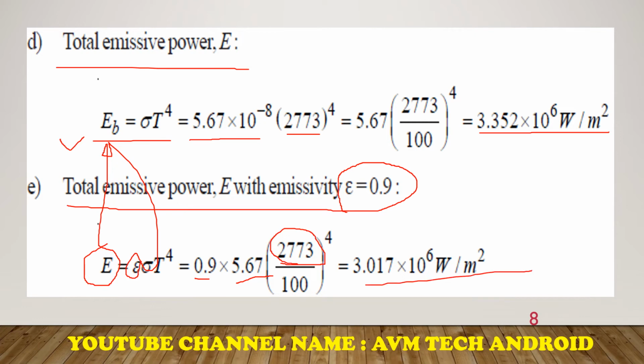So we will get this E value, that is total emissive power of real surface, that is 3.017 into 10 power 6. Definitely this is less than this value, because this is for black body and this is for real surface. So our all 5 answers are available.